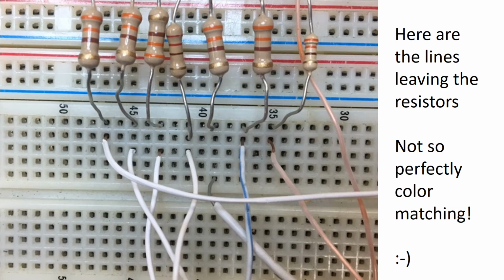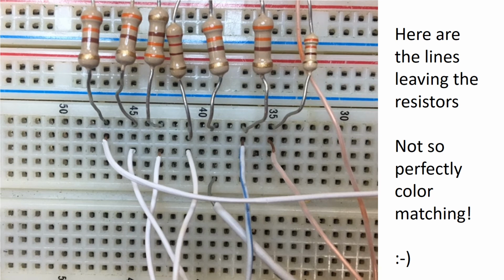So here are the lines leaving those resistors. I ran out of color-coded lines, so I apologize. They're not perfectly color matching, but in general, it doesn't matter how you color code your wires. It matters that you wire them correctly and that the circuit works.